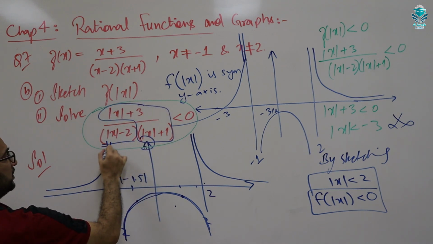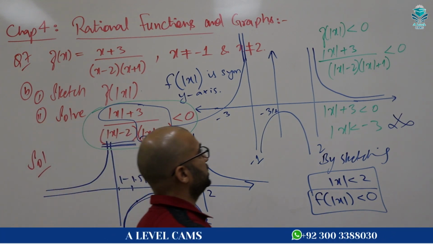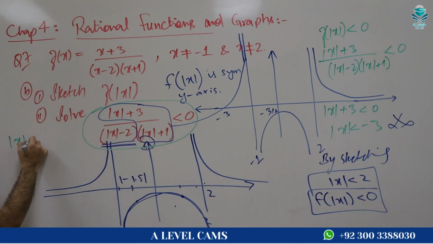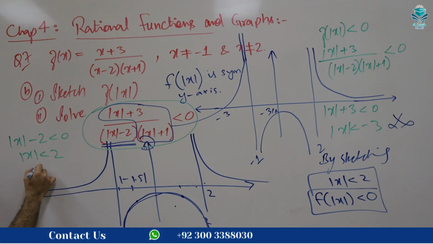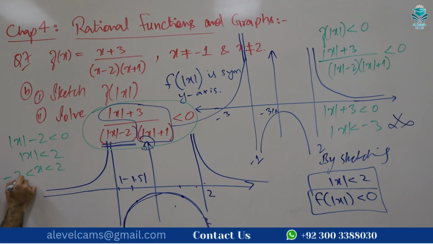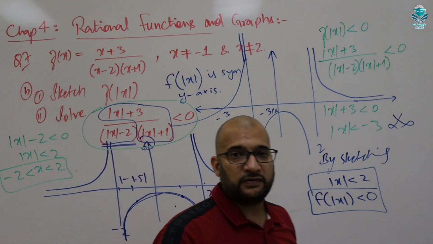So the only negativity exists here, and this will be negative. Or another way you can say absolute x minus 2 less than 0, absolute x is less than 2, so x is between -2 and 2. Understand? So this is the complete solution of the given function.